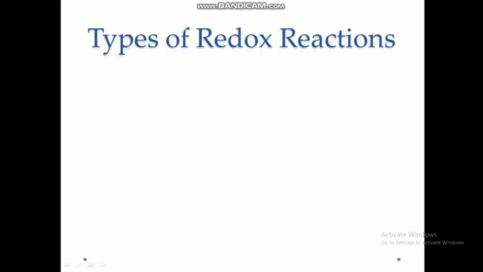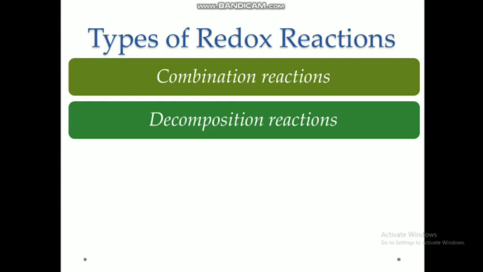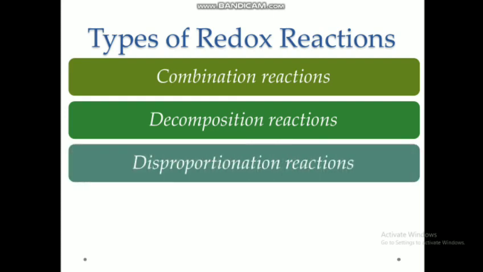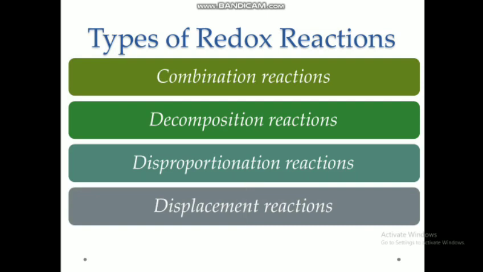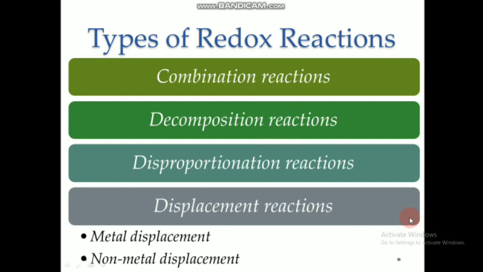Now we are moving on to the next portion, which is types of redox reaction. There are 4 types of redox reaction, which are combination reaction, decomposition reaction, disproportionation reaction, and displacement reaction. And in displacement reaction, we do have 2 categories, the metal displacement and non-metallic displacement.